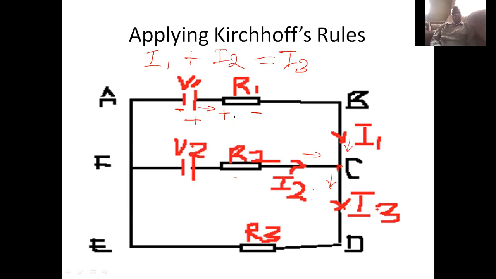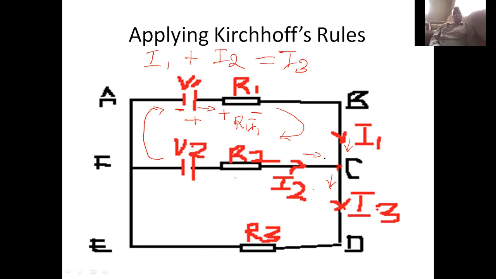So here we are going to have resistor 1 multiplied by the current 1, which is this current here. Similarly, we are taking this loop, loop A, B, C, F. So this is the loop we are considering now.